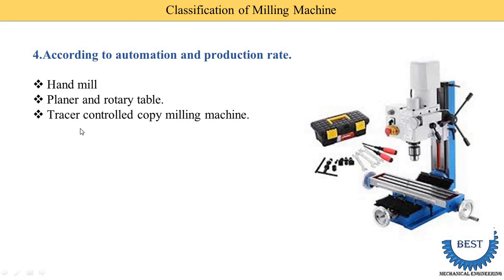Next is the tracer control copy milling machine. Its name suggests that it is used for copying another object. Tracer control copy milling machines are mechanically or hydraulically operated semi-automatic milling machines, meaning they are operated either by mechanical or hydraulic mechanisms.